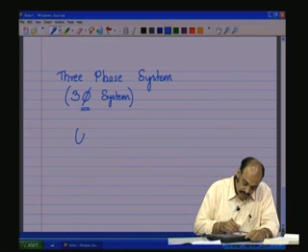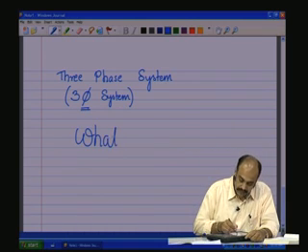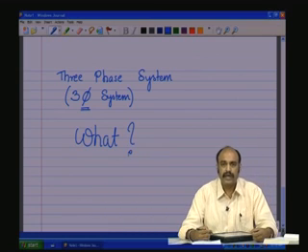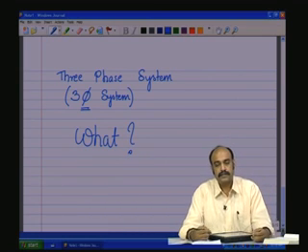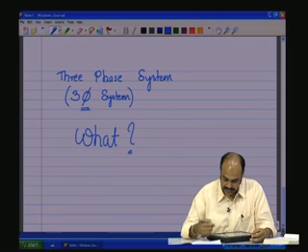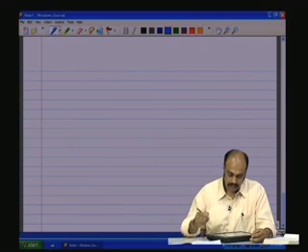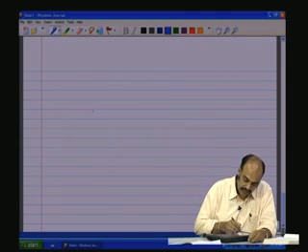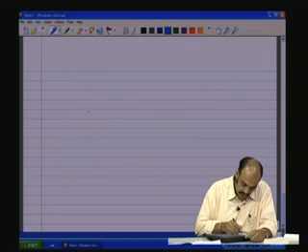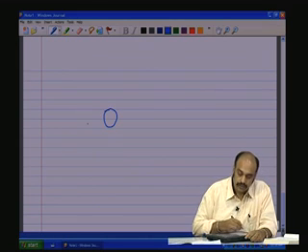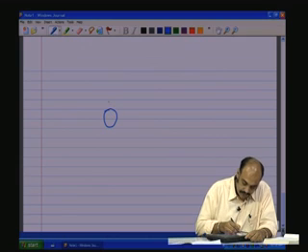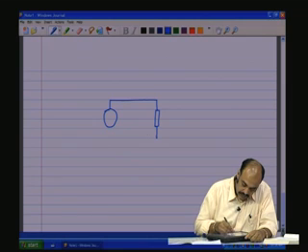Now, what is this 3-phase system? How does it look, and what are its character and features? Let me take a sinusoidal voltage source and connect it to a resistive load as shown.